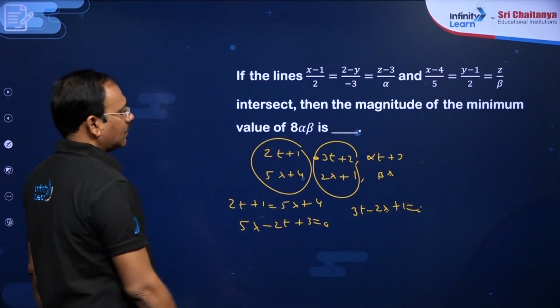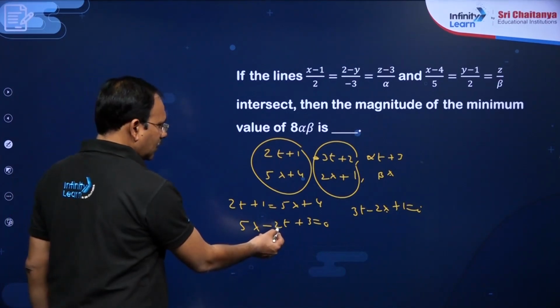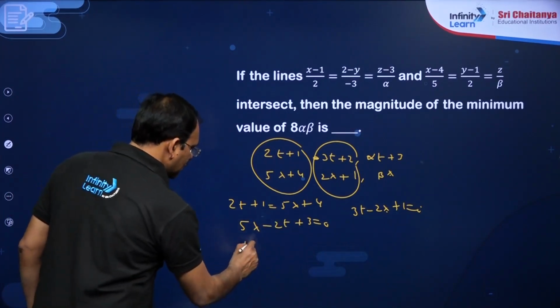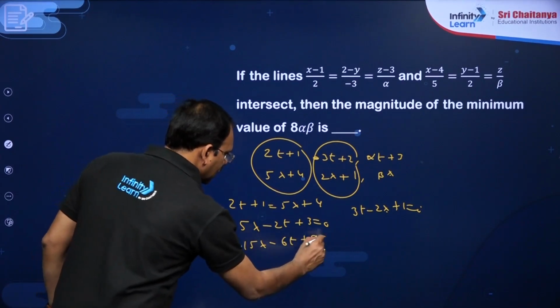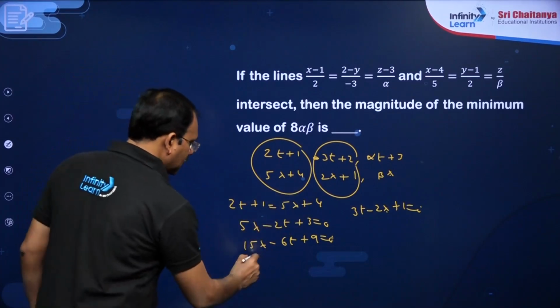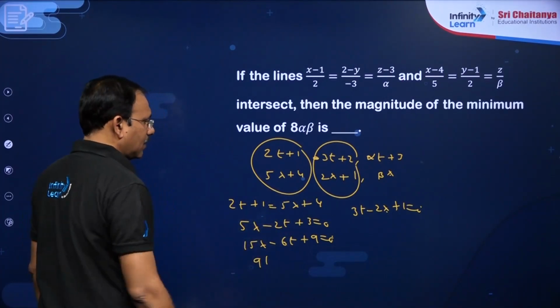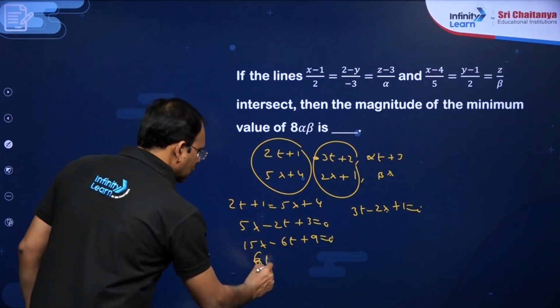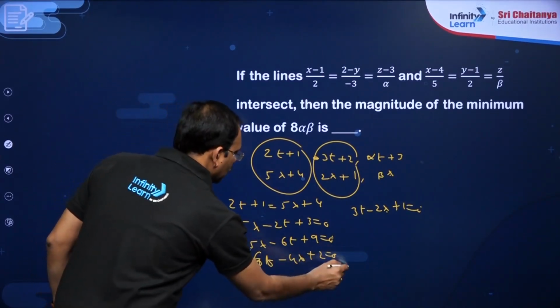How to solve? You can multiply this with 3, that with 2. 3 means 15 lambda minus 6t plus 9 equal to 0. This one you multiply with 2: 6t minus 4 lambda plus 2 equal to 0.